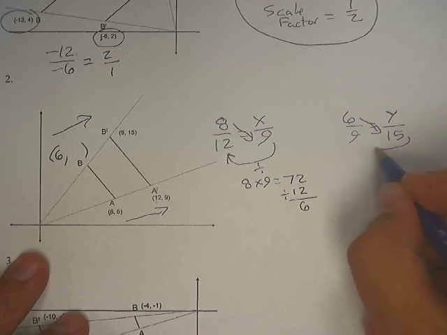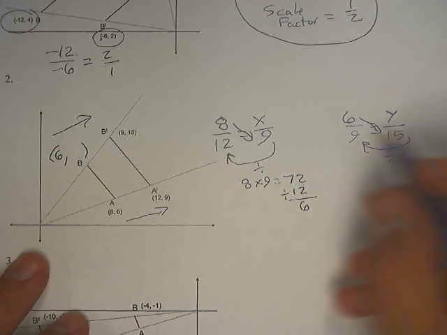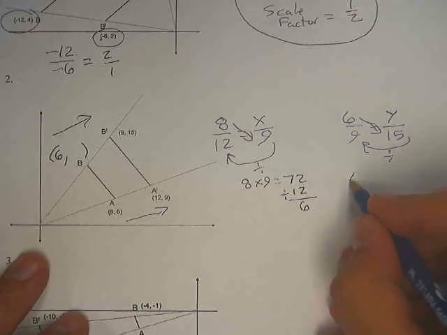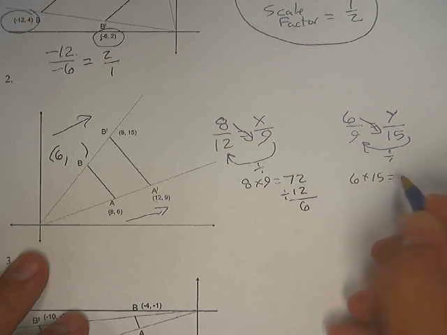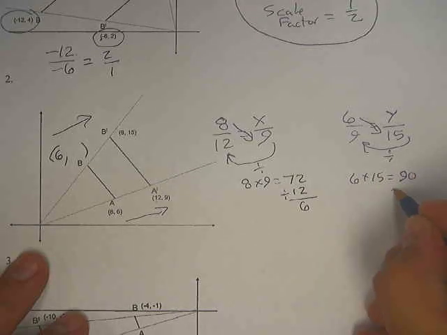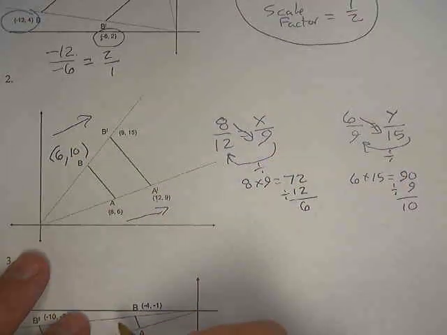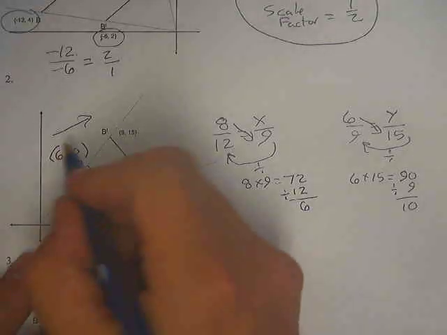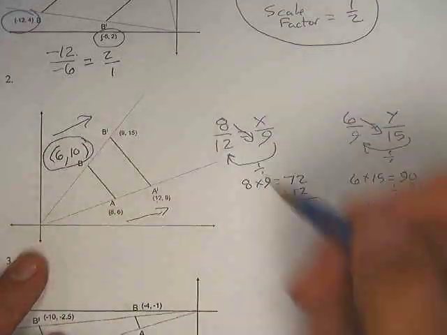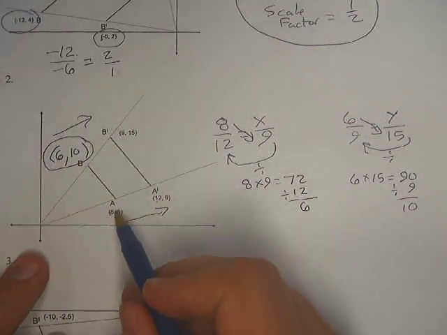I'm going to cross multiply and then divide. So I'm going to take 6 times 15, which is 90, divided by 9, which is 10. So my new point is going to be 6 comma 10.